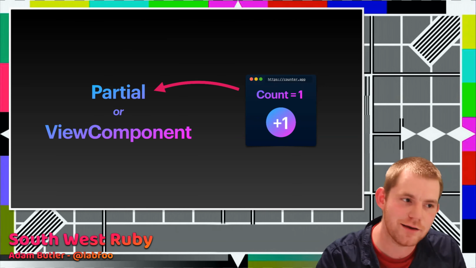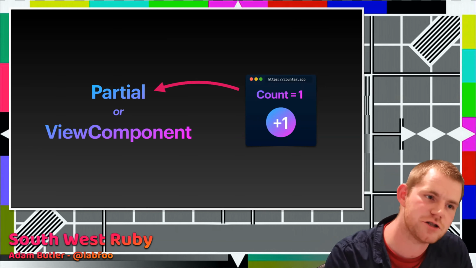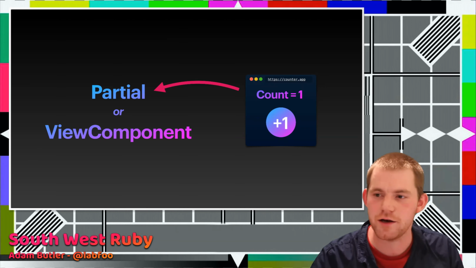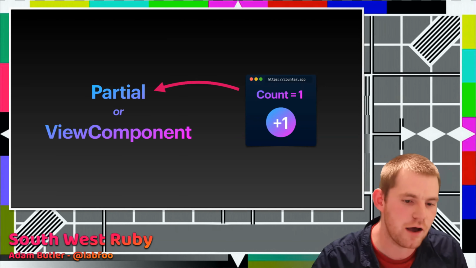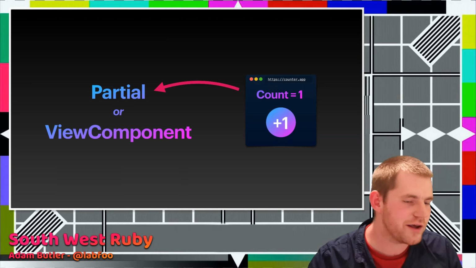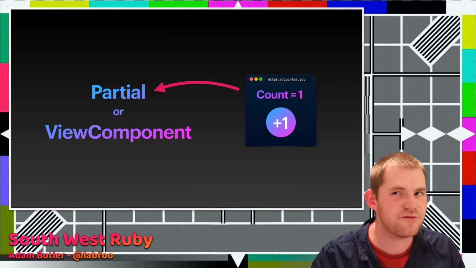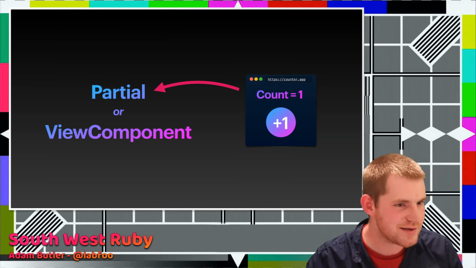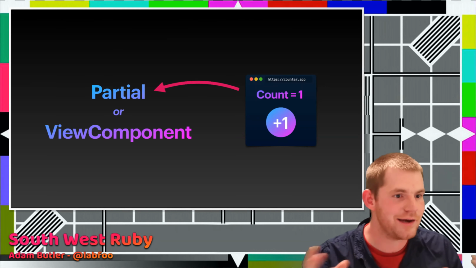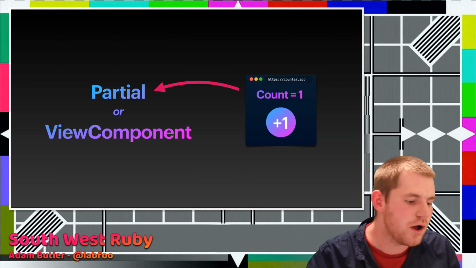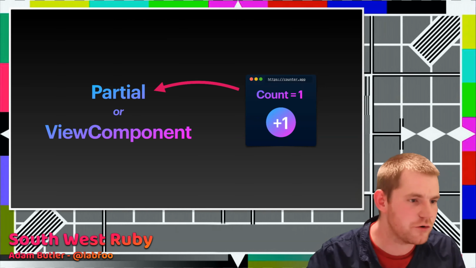I'm not going to get into view components very much in this talk, but I've been working with them recently, and they're a really nice, elegant way of taking UI components and turning them into Ruby classes in a way you'd probably be familiar with from working with decorators, except it can be any UI component. It doesn't really have to be backed by a model. So I encourage you to look at that.